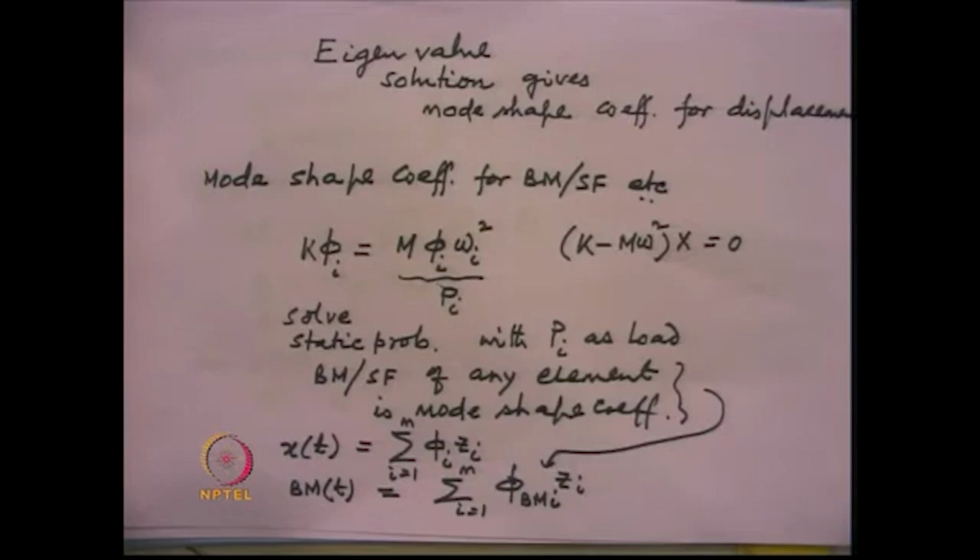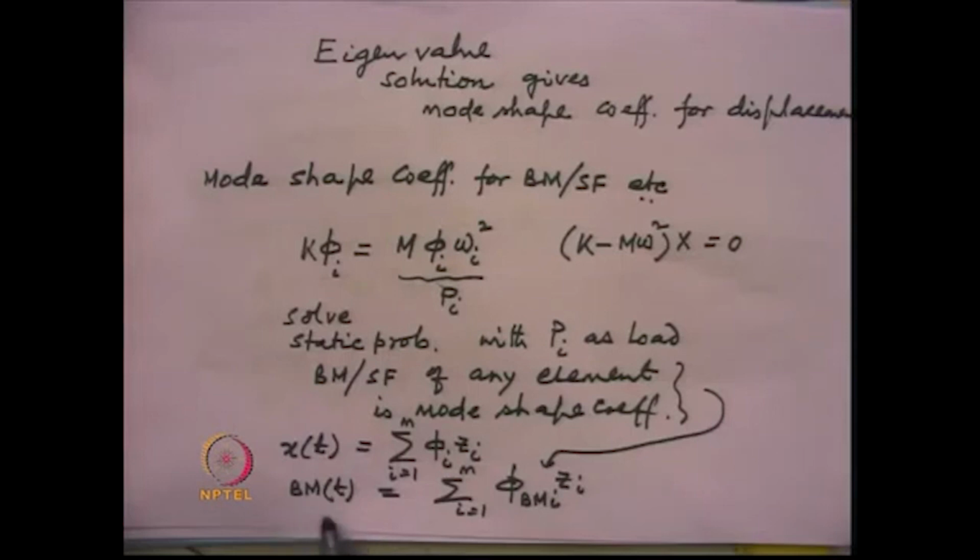So, what we do then is use the usual mode summation technique. X of t is equal to the sum of phi i into z i, for i equal to 1 to m, whatever number of modes we wish to consider; that is the displacement.